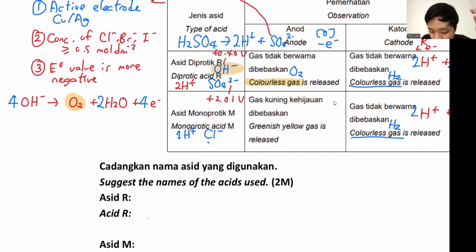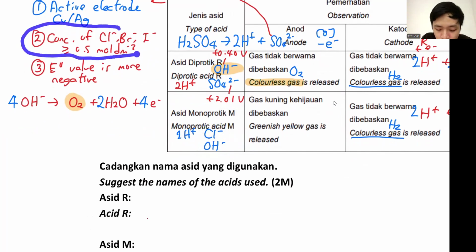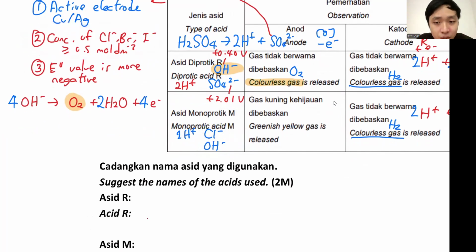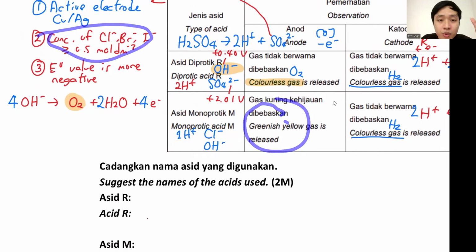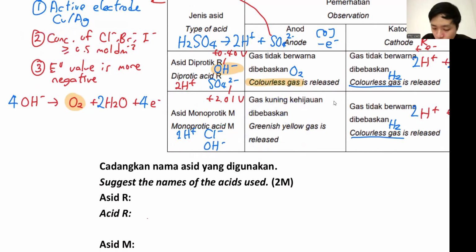But even though the E naught value for hydroxide ion is more negative, we don't choose it, because in this case we prioritize the second factor first. So that's why we choose Cl minus, because of this factor, concentration more than 0.5 molar. That's why you get greenish yellow gas released.